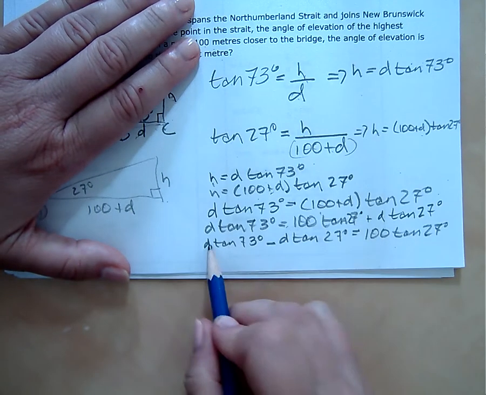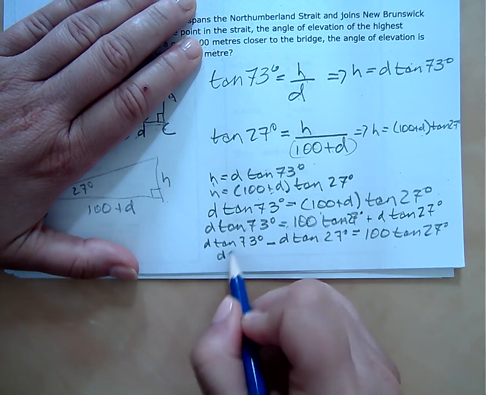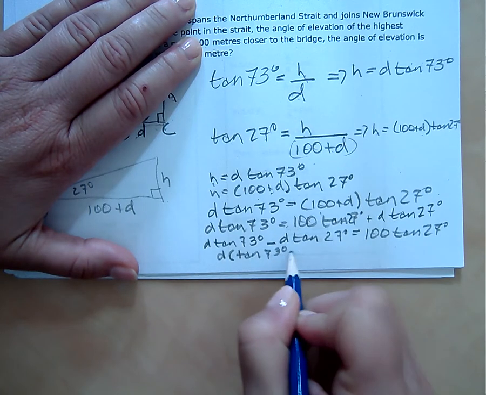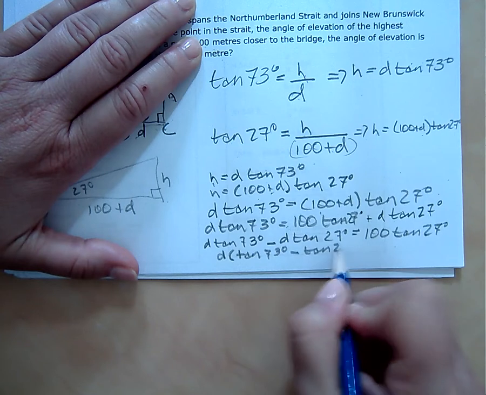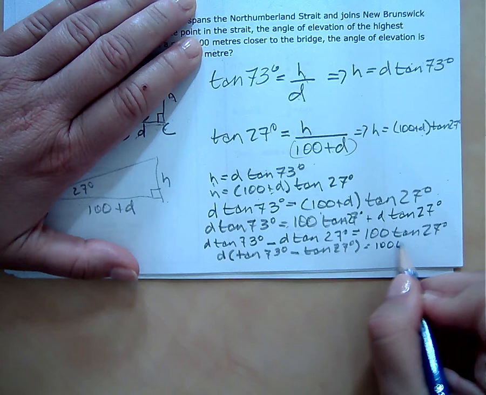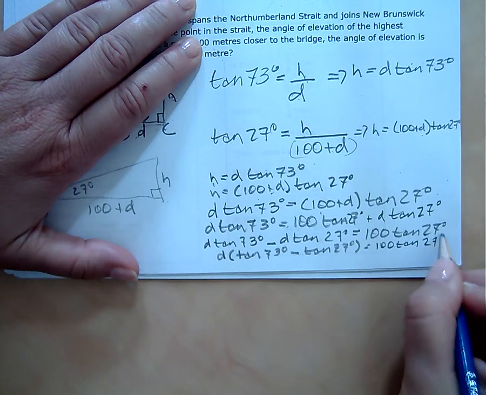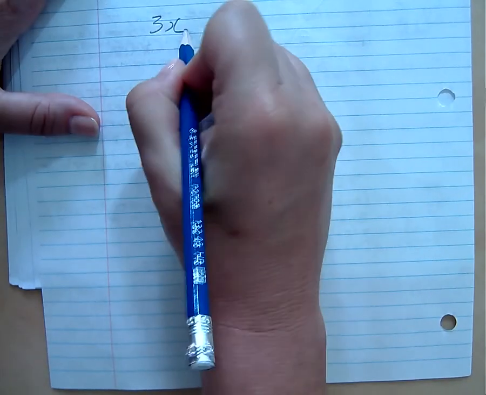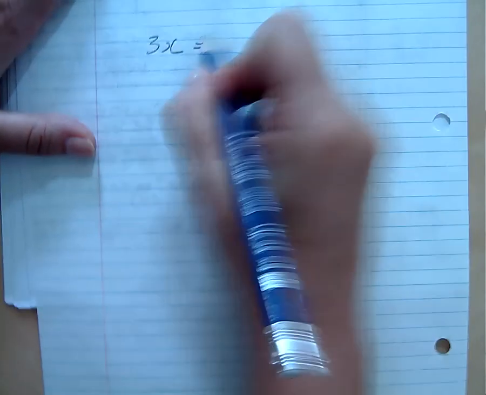And I'm going to leave this here on the right side. Now I'm going to common factor out D. So I've got D times (tan 73 minus tan 27) equals this. And then I have a big version of this: something times something equals something else.